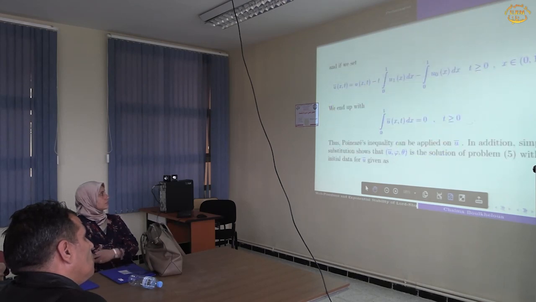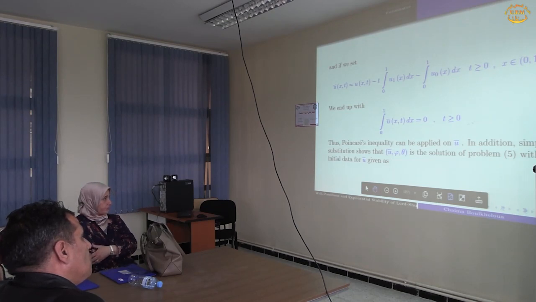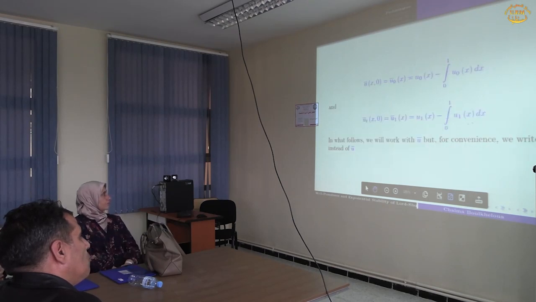If we set the new variable, we can get that the mean of the new variable is equal to 0. Thus, the Poincaré inequality can be applied to the new variable. In addition, a simple substitution shows that (U bar, θ) is the solution of problem (5) with the initial data given. In what follows, we work with U bar, but for convenience, we write U instead of U bar.